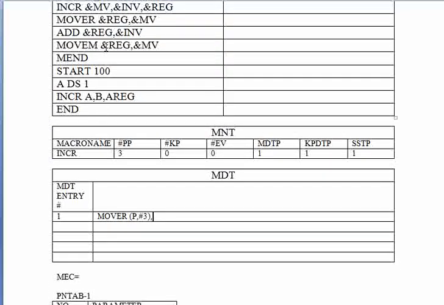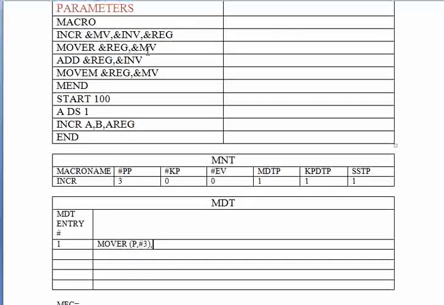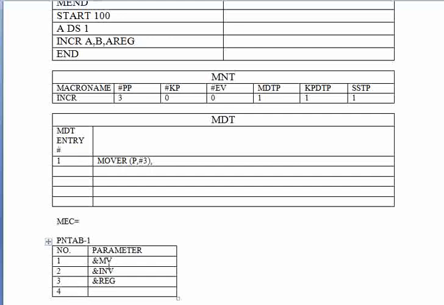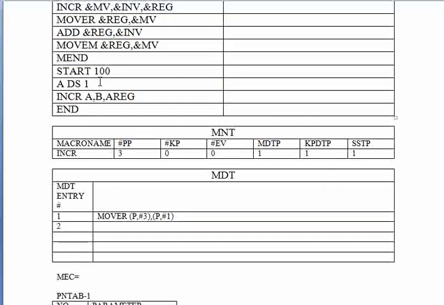Next it looks at MV, and in the parameter table MV has number 1, so it will write P comma #1, the parameter at position 1 in our parameter name table. Increment the pointer by 1 and go to the next line.